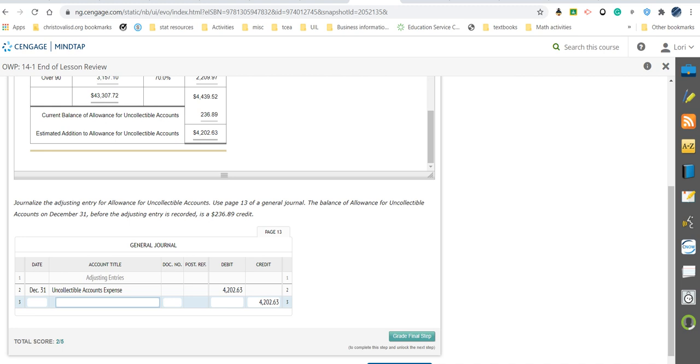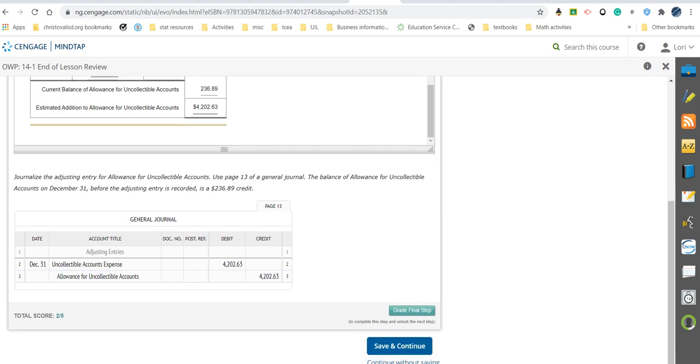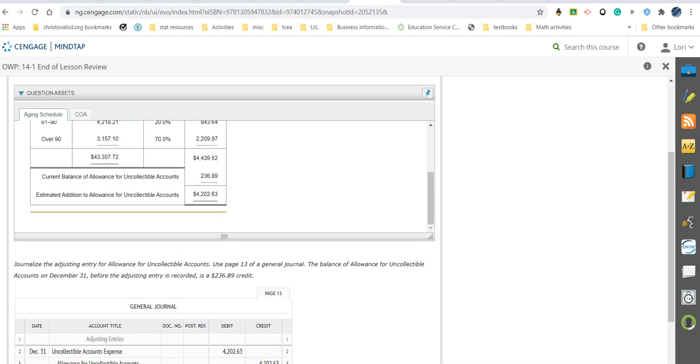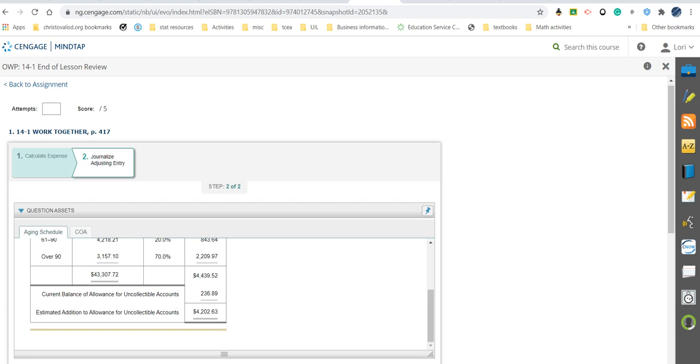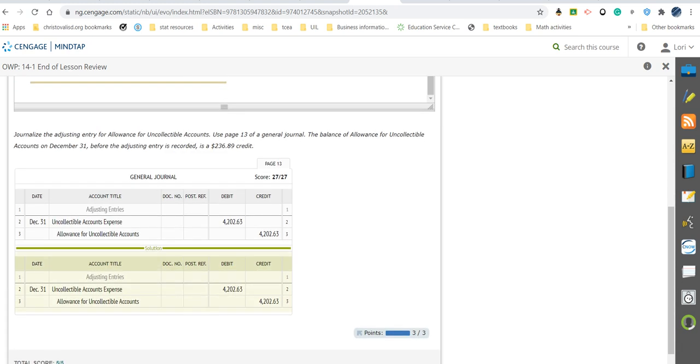And this is going to allowance for uncollectible accounts. And we made our adjusting entry. We're in our final step. And y'all will be doing one very similar to this on your own.